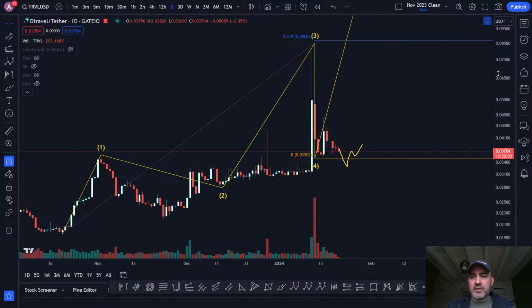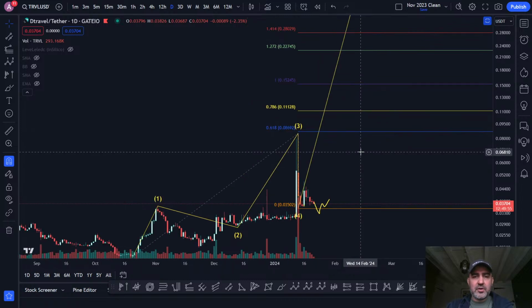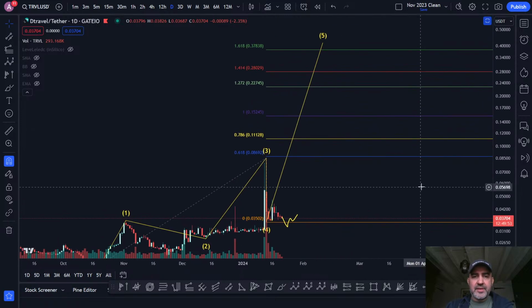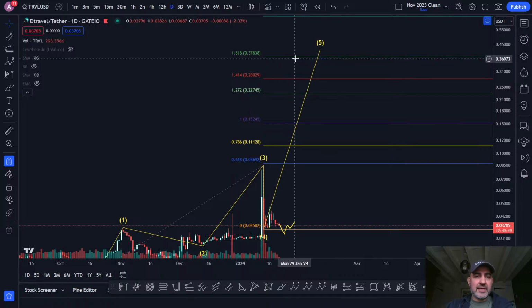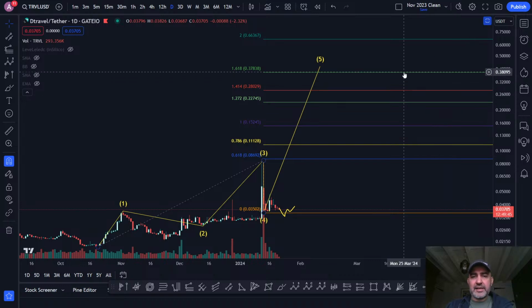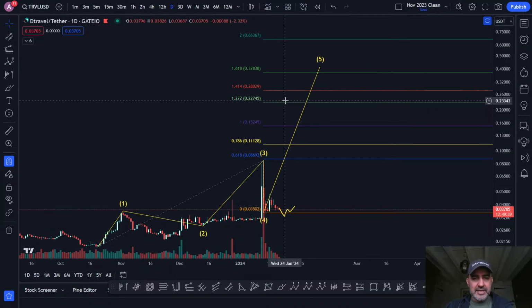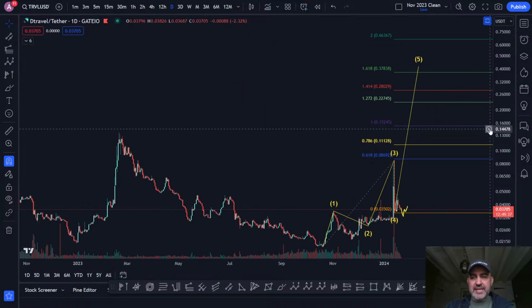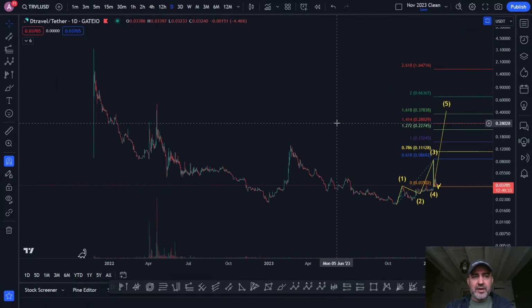Yeah, if you do it from the 0 to the 3 to the 4, then your 1.618 comes to about 37 cents. Yeah, and I think that would be the fair target. That would be the target, like up into that echelon. So much higher than what I was initially thinking, which was around the 20 cents. And that's kind of what I'm thinking right now.